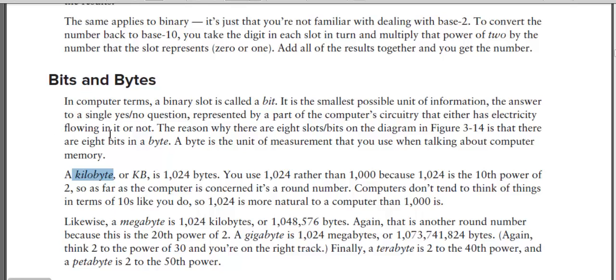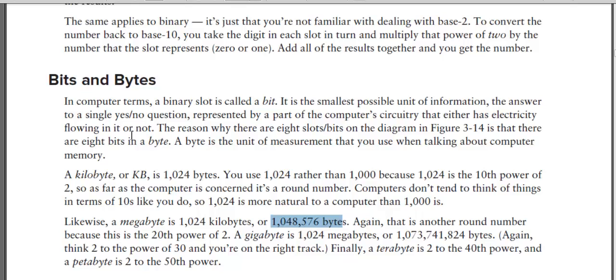Likewise, a megabyte is 1024 kilobytes. So a megabyte is not 1000 kilobytes, but actually 1024 kilobytes.